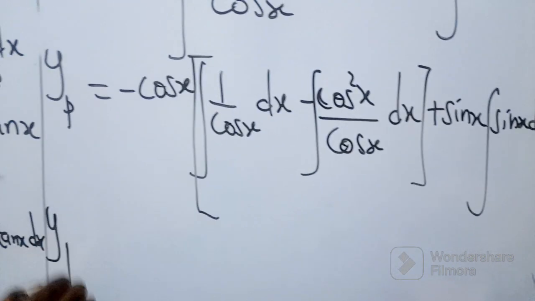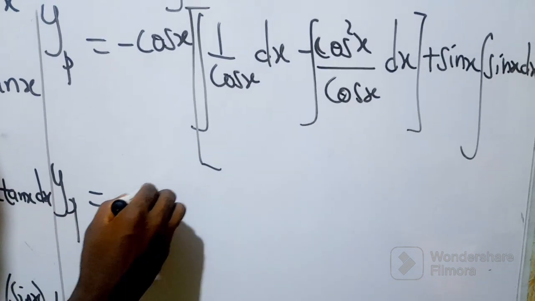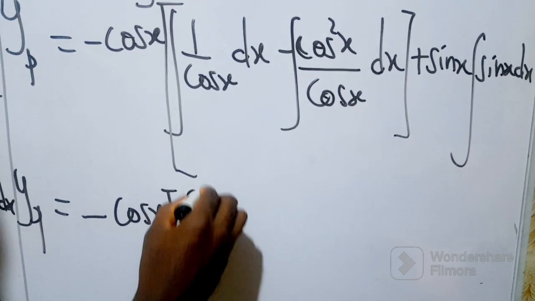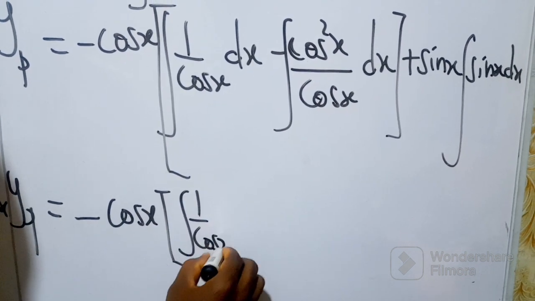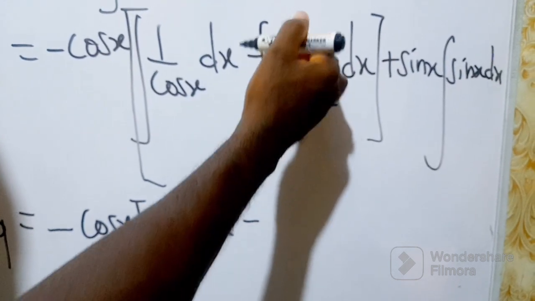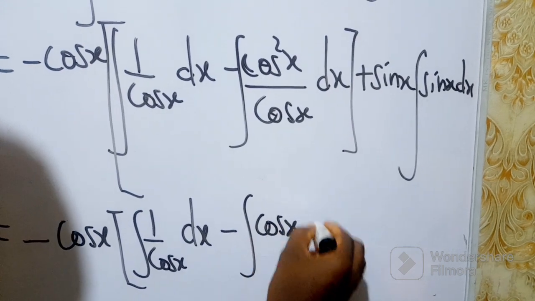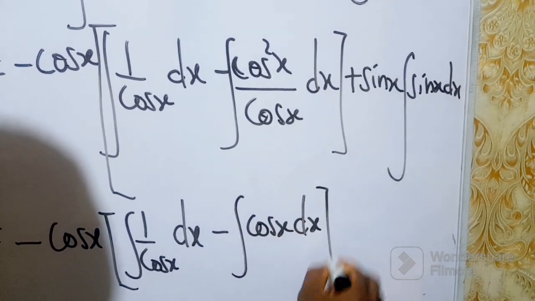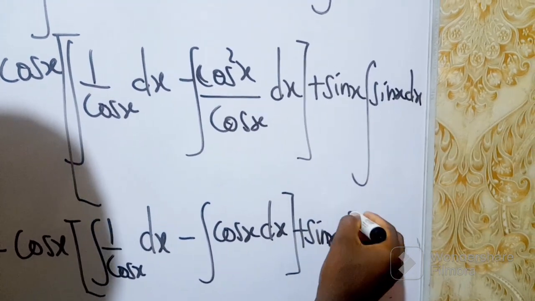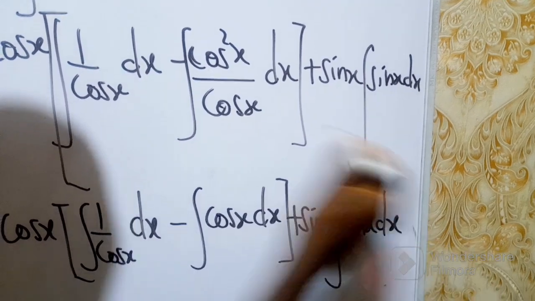So our y of p will be equal to negative cos x multiplied by the integral of 1 over cos x dx, then minus this will give us cos square x divided by cos x will just be cos x dx, then plus sine x integral of sine x dx.